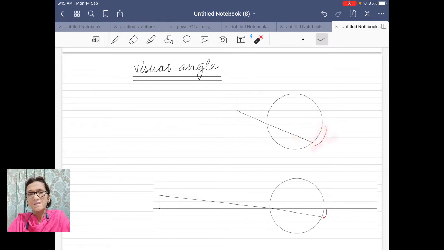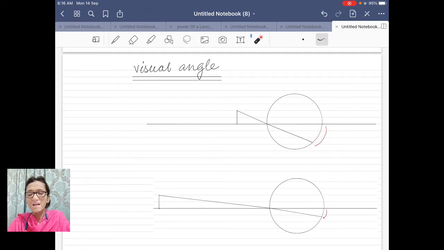This image is acting on the rod and cone cells. The light reaching up to this area will activate the rod and cone cells over this large length. So the image will be large.